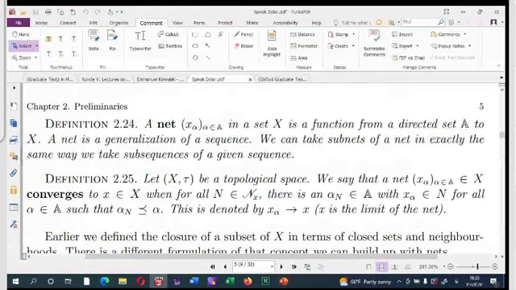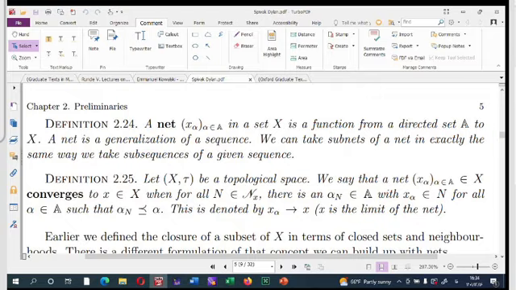Now, by the definition of a net, we can define convergence in a topological space. Let X and tau be a topological space.